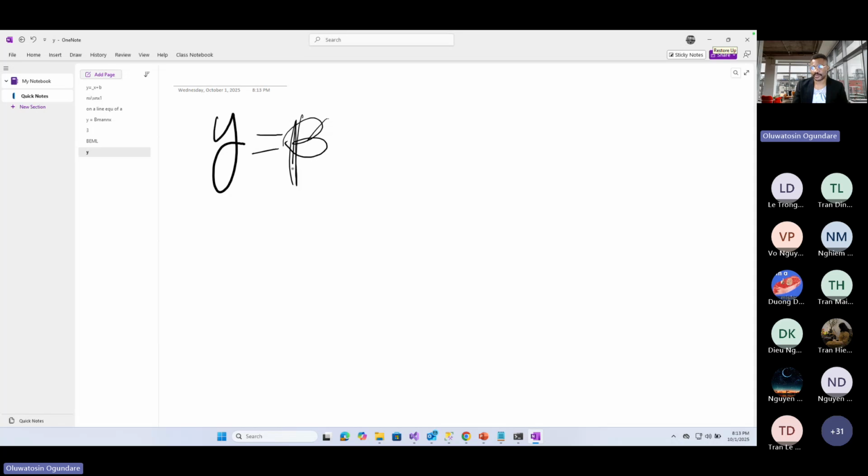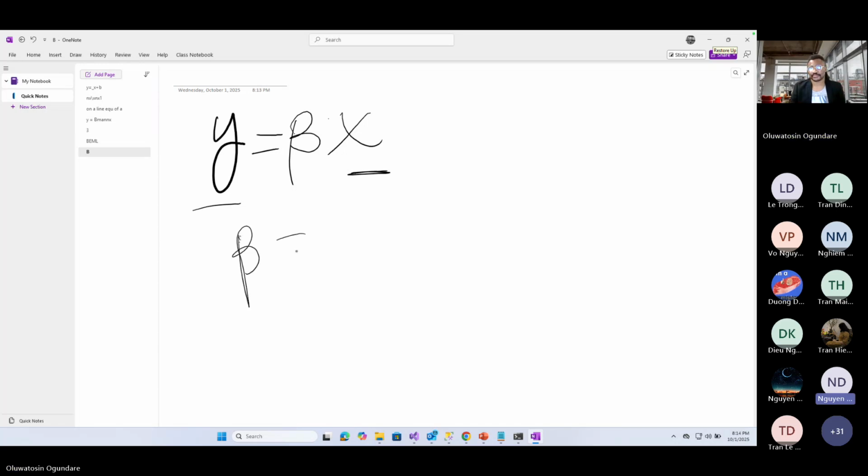I will continue to use beta because I think it's more popular. And I have x. Okay, these are just numbers now. So if I know y and I know x, how would I calculate beta? Can someone tell me how I would do that? Yes. Beta equals y by x.